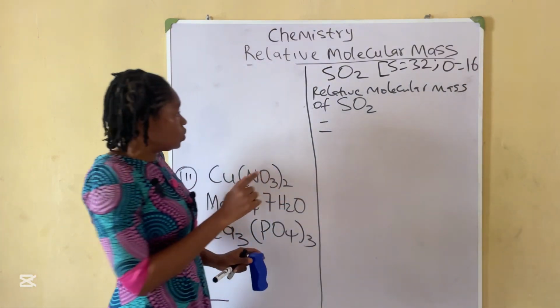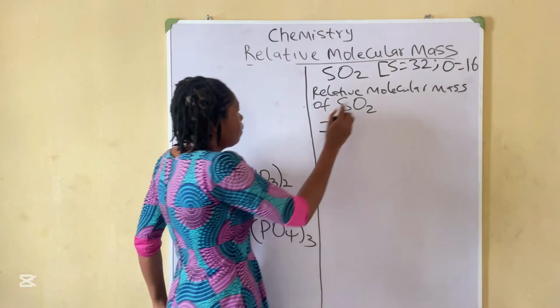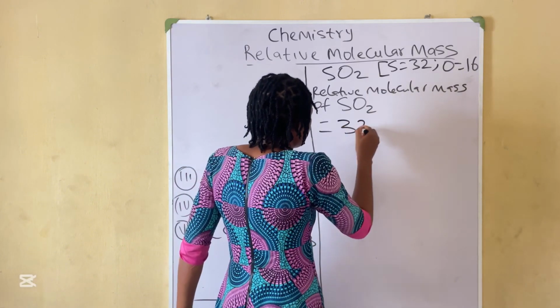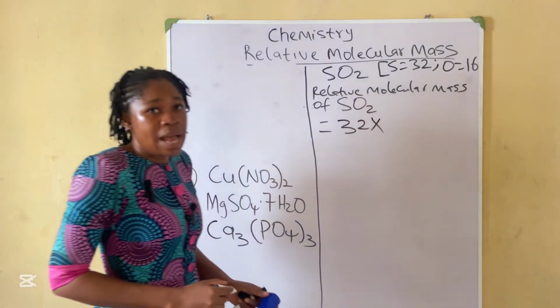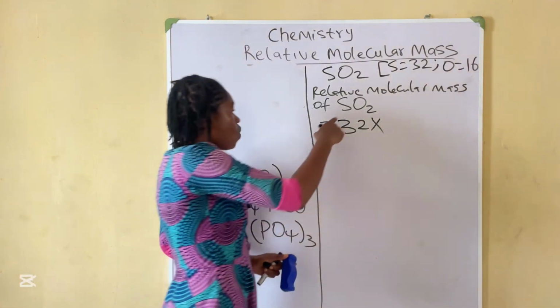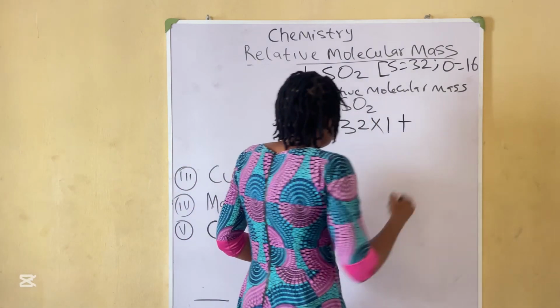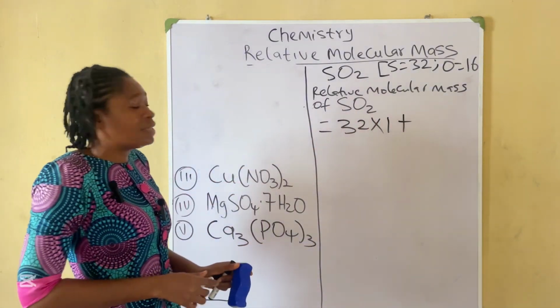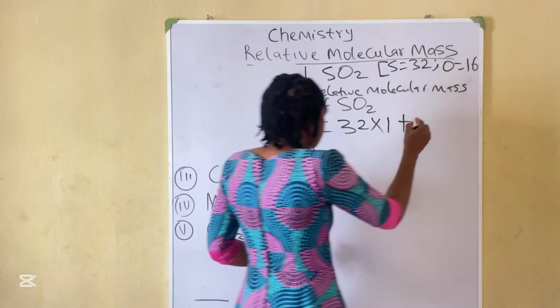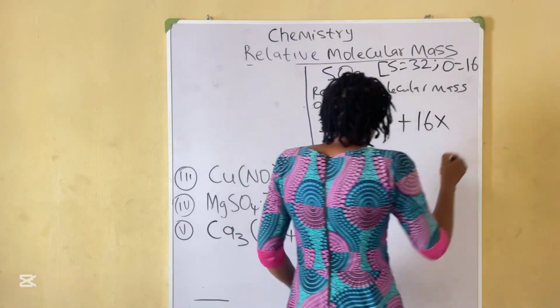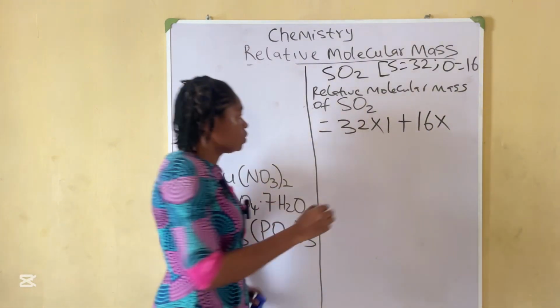So the relative molecular mass is 32 times, how many atoms of sulfur do I have? Only 1, times 1, plus the relative atomic mass of oxygen, 16, times 2 atoms of oxygen.